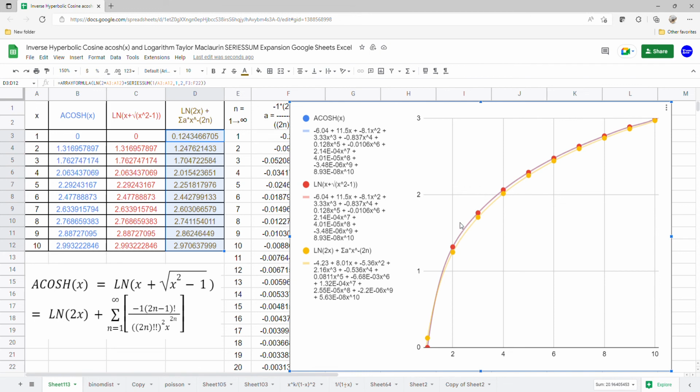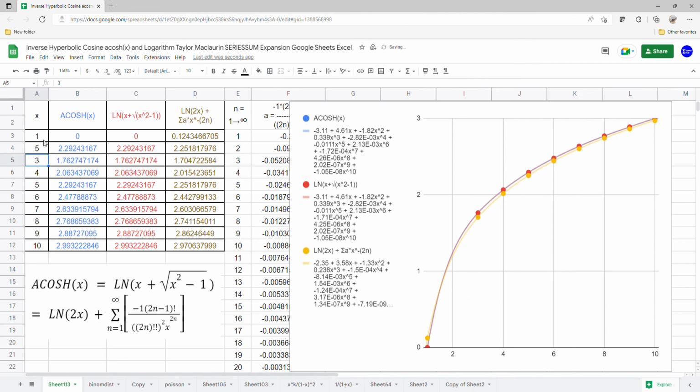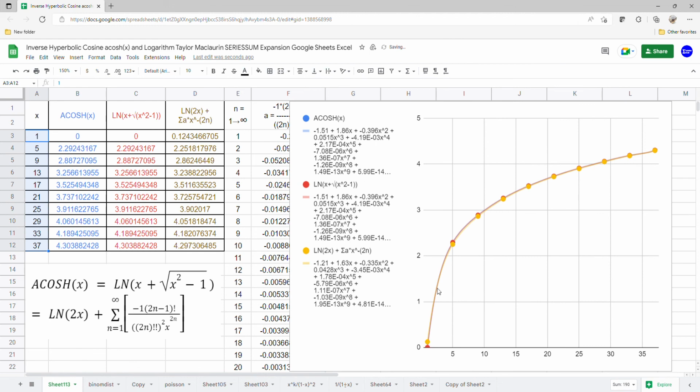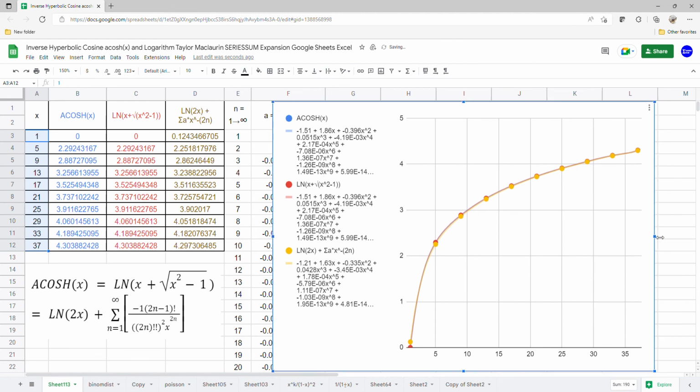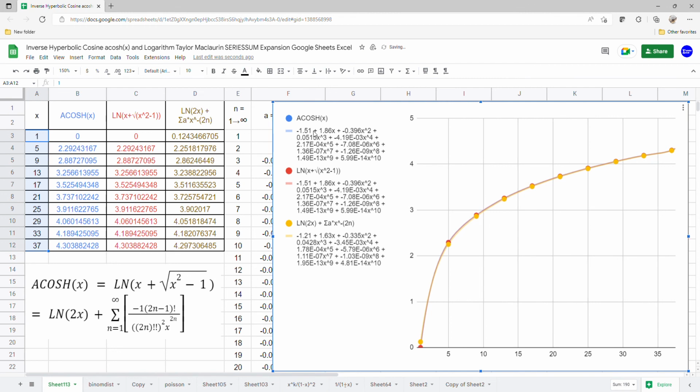If we increase the interval to, let's say, 5, now we have a maximum of 37. Their values are almost the same. For bigger numbers, they're exactly the same.